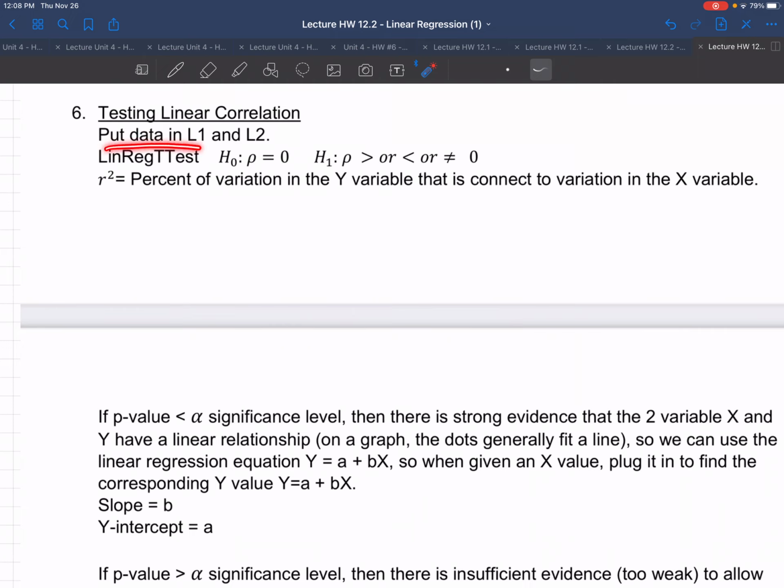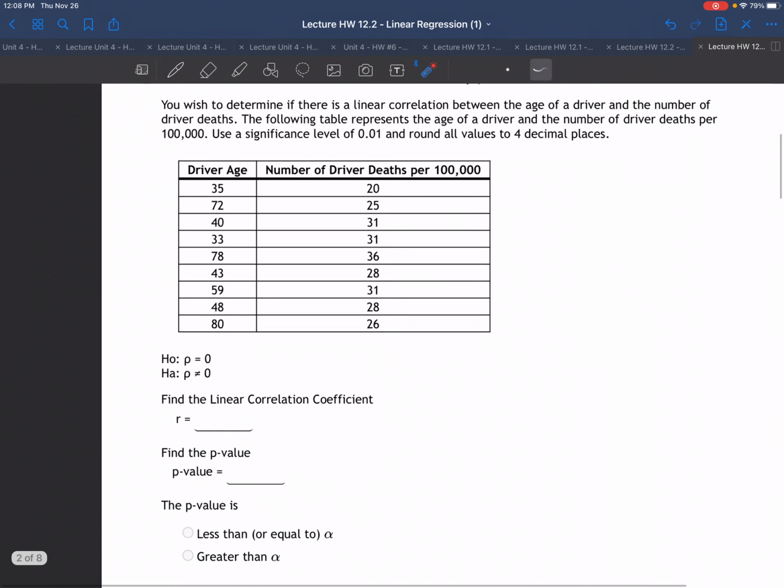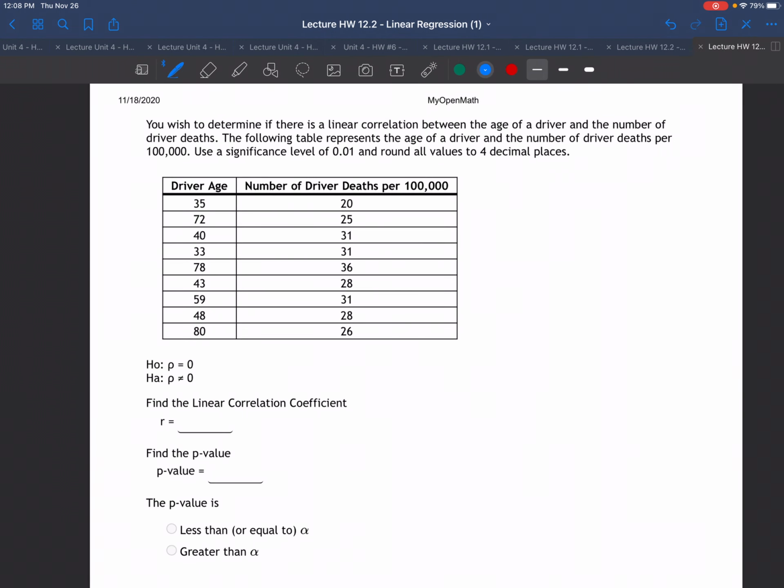What's the first thing? Put the data in L1 and L2. So you've got to go back up and put this data in L1 and L2. So step 1, put the data in L1 and L2. And you know how to do that quite easily by now. Clear out whatever else was in there before and put the data in L1 and L2.